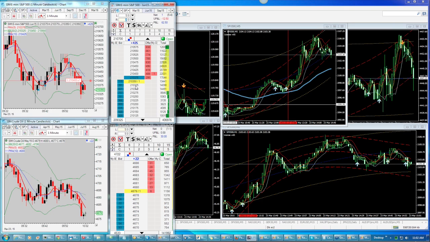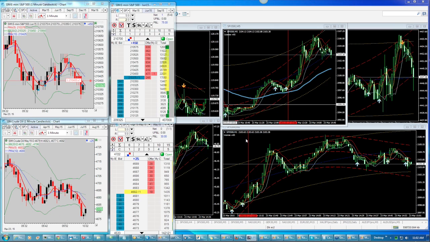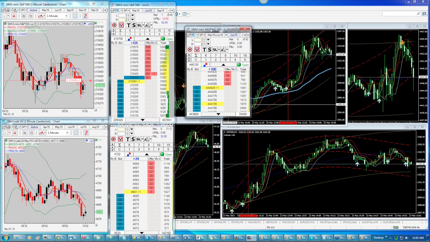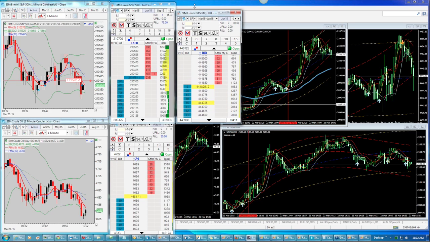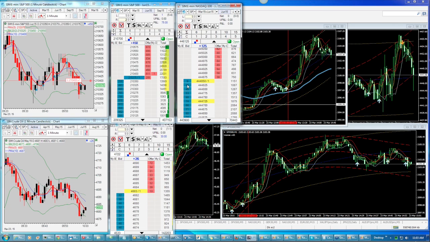Slowly turning. Might be better to show the NASDAQ since it moves a little more. Granted, the ticks are tiny, but I need more movement typically, so we'll see on the NASDAQ.